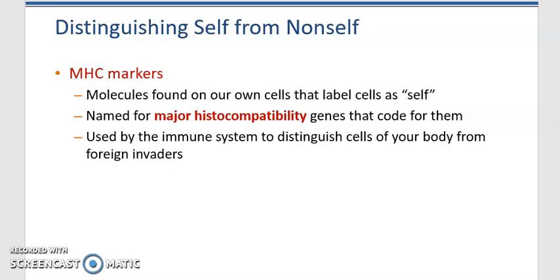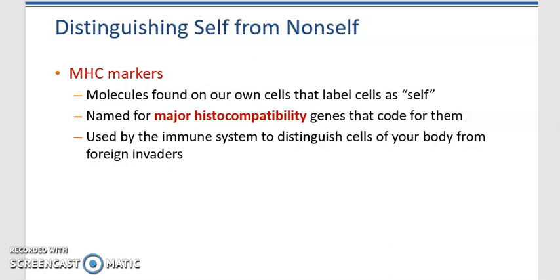So the cells of the immune system, particularly like T cells, when they bump into a cell of our body, a tissue cell, they can identify what cells are us, ourself, versus what cells are invading pathogens potentially or non-self, so that they can discriminate between those types of cells.